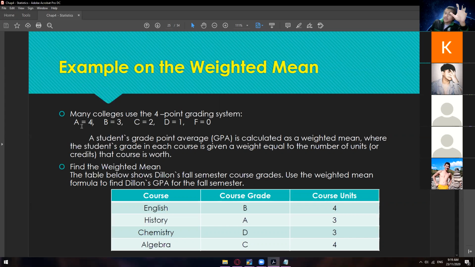So is there anyone here who's able to experience a 4-point grading system? Yes, sir. All right, so what is A plus? 90 and up, sir. I was wrong. How about if it's just A? Do we have an A only, or should it have A plus or A minus?